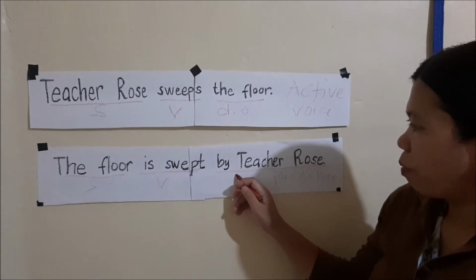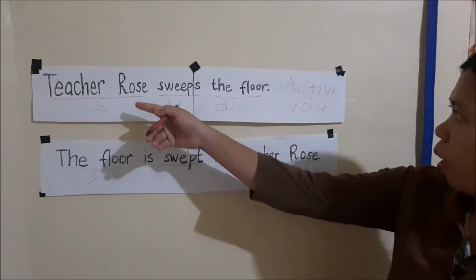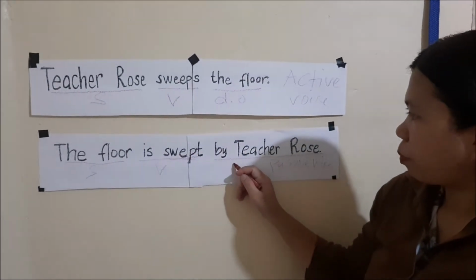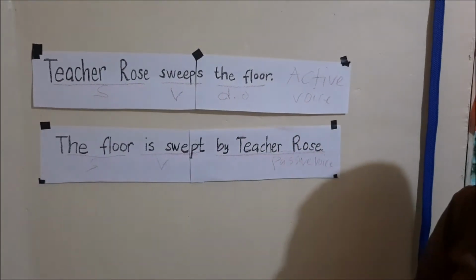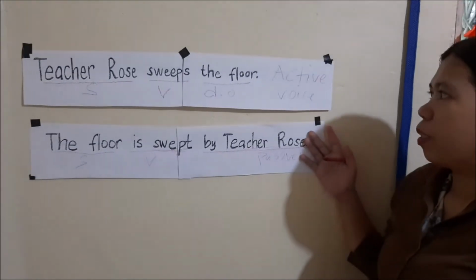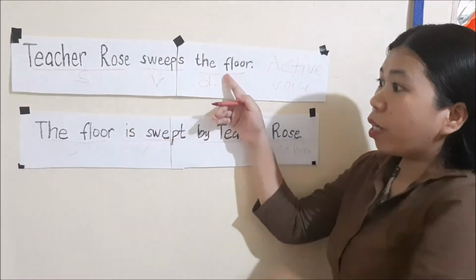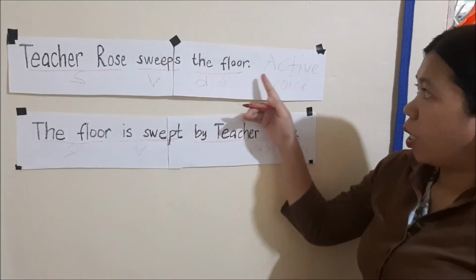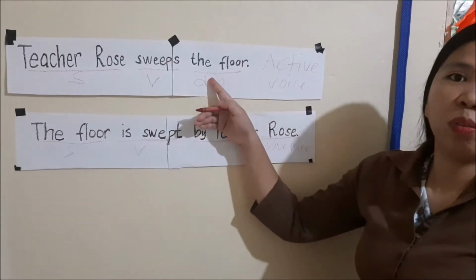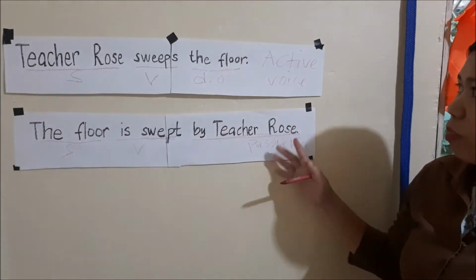Remember that the by phrase is taken from the active sentence. So in the passive voice, always remember that the direct object in the active voice becomes our subject when you transform it into the passive voice.